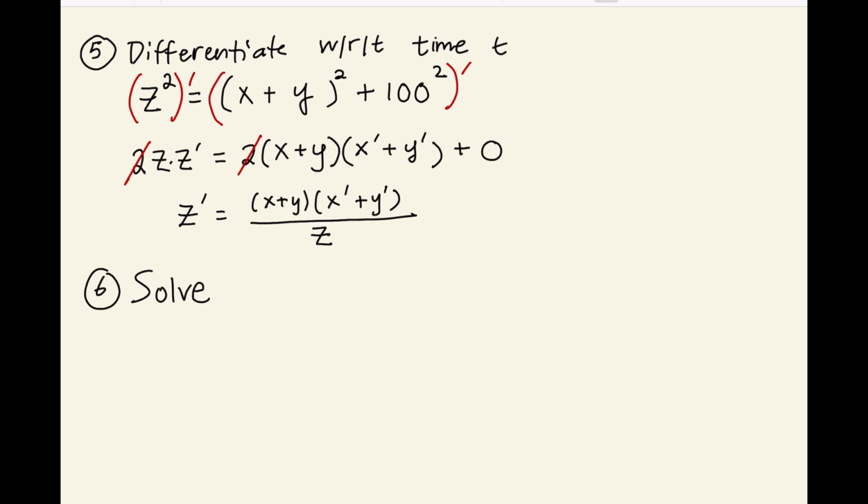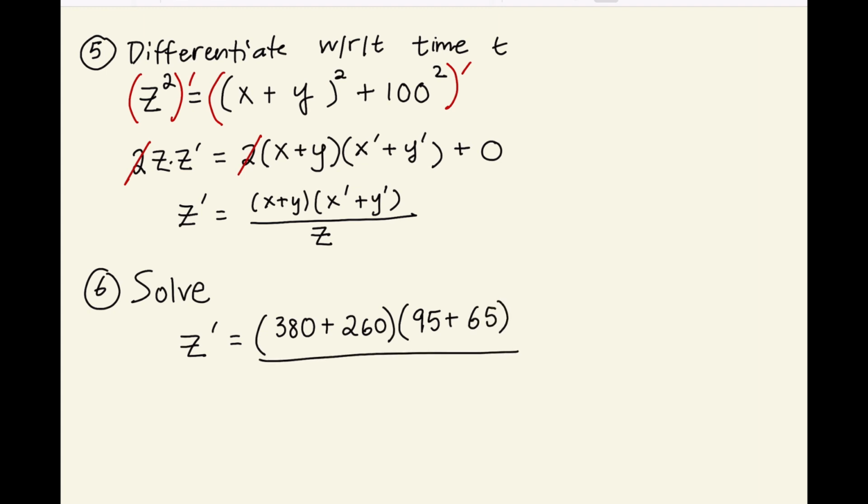So going back to this step, z prime, so x plus y, x was 380, y was 260, and then x prime was 95, plus y prime was 65, and we divided by z, and the expression we found for z was the square root of 100 squared plus 640 squared.